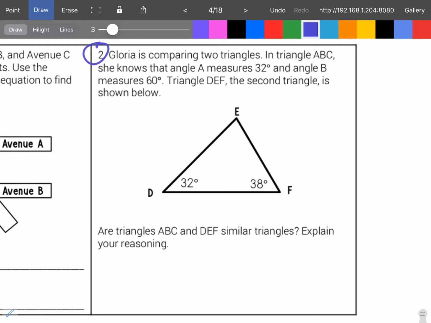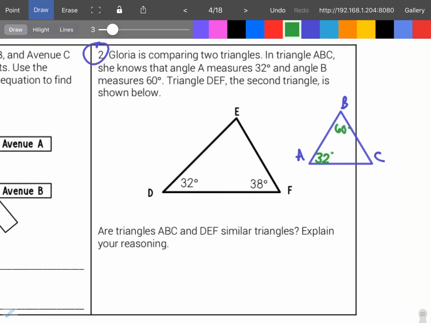Triangle DEF, the second triangle, is shown below. Okay, so we don't even see ABC, so I think that we should go ahead and draw ourselves a little triangle, and we're going to label it A, B, C. And A is 32 degrees, so I'm going to put my 32 degrees there. B is 60 degrees.